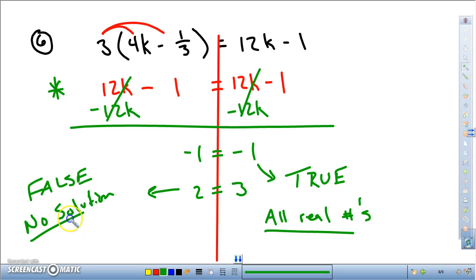These are the phrases that I want to see in these scenarios. Okay, so not NA and not anything or whatever you might come up with for all real numbers, but these two phrases exactly in these scenarios.